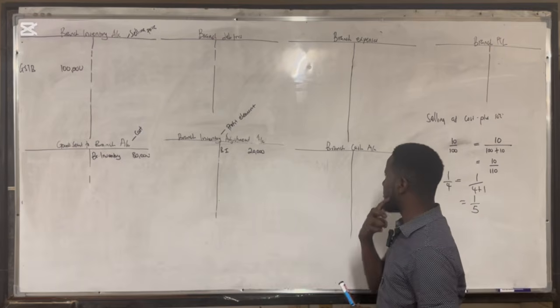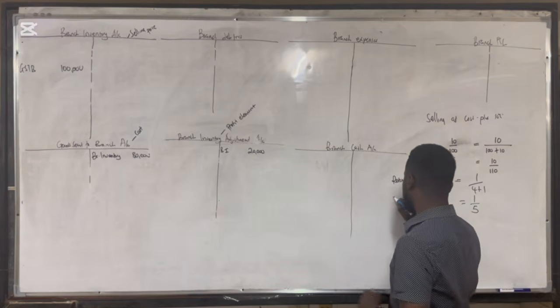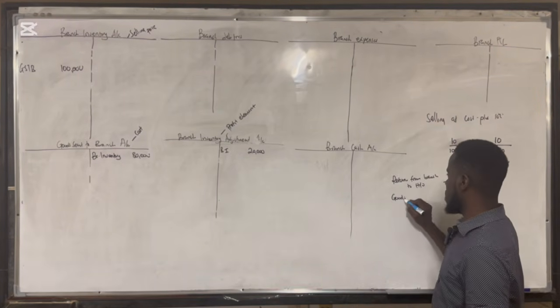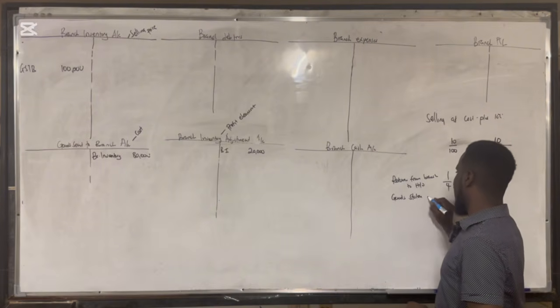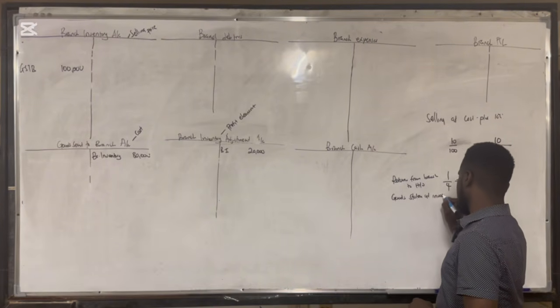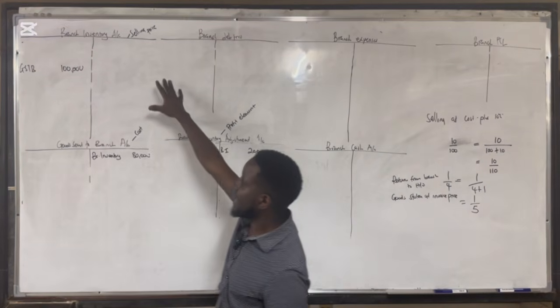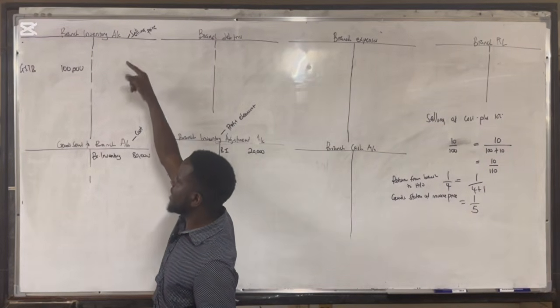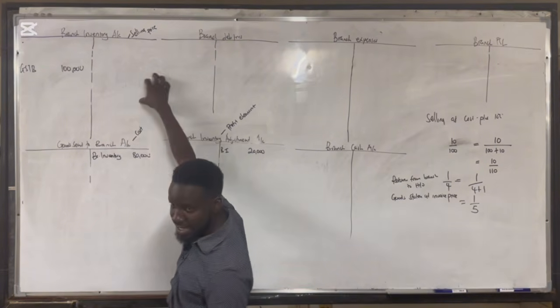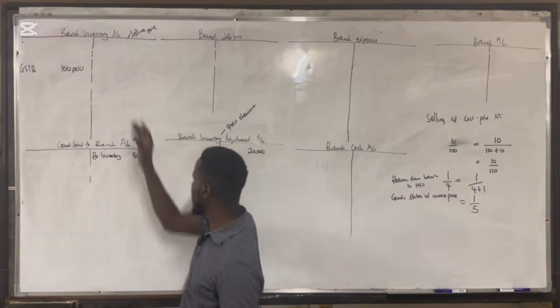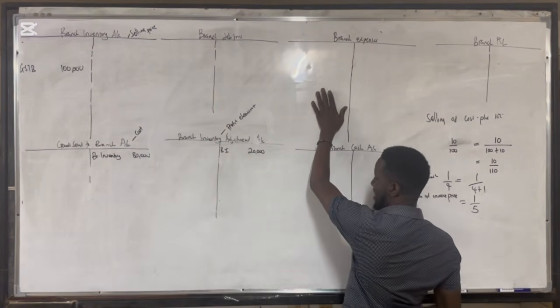Then you could also have things like goods stolen at invoice price. These are other items that can come in. Once goods are stolen, you're supposed to credit the account to show that you're losing stock and then take it as an expense.